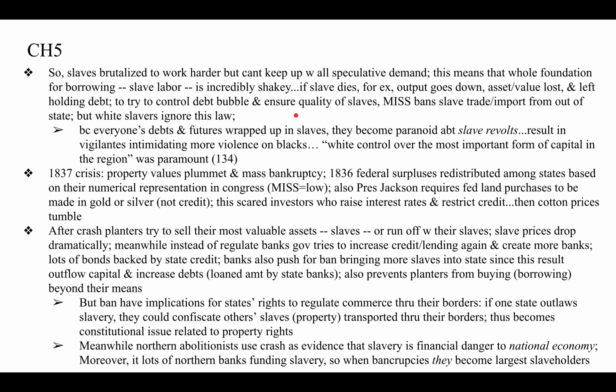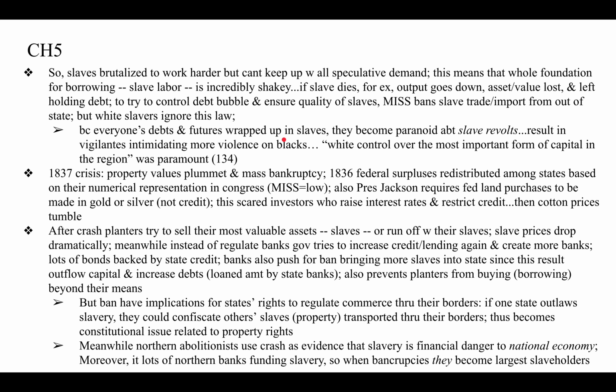So there were attempts actually to control the debt bubble by ensuring the quality of slaves. And Mississippi banned the import of slaves from out of state in an attempt to contain the speculative bubble, which was being met by importing massive amounts of slaves, right? But white slavers ignored this law, basically, because everyone's debts and futures were wrapped up in slaves.